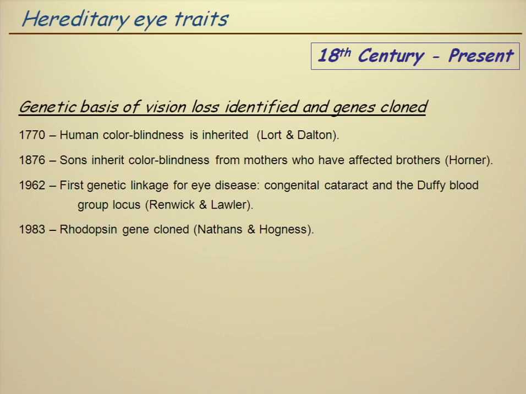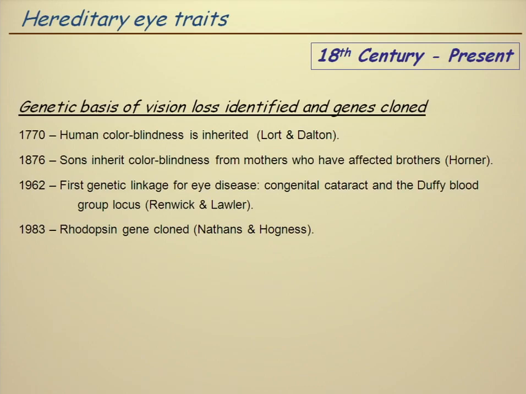And when the men have the color deficiency on one, there's nothing to mask it, whereas the women have a second copy that usually has a normal color gene on it. And then a century later, Horner recognized that quite frequently men who were colorblind had uncles, mothers, brothers who were colorblind, speaking of X chromosome inheritance.